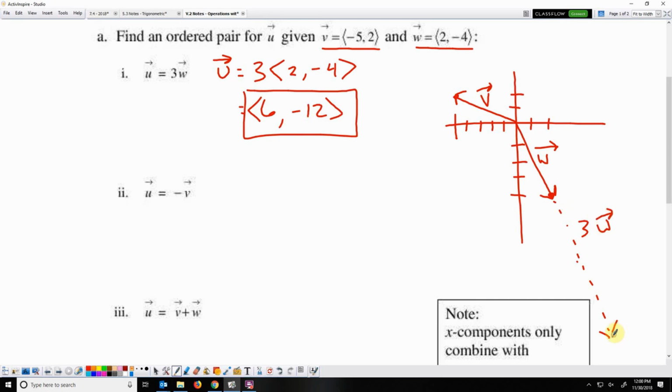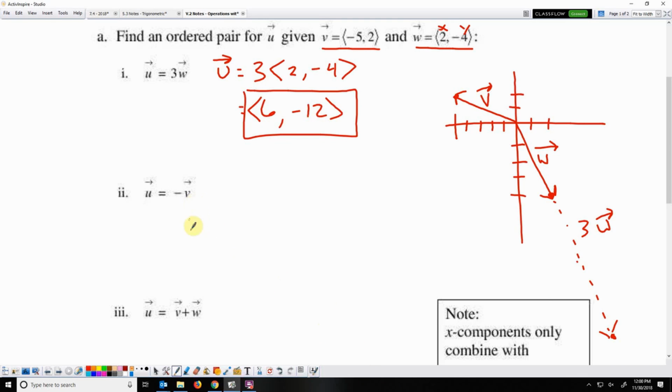This is it graphically. It ends at 6, -12, and this is component form. When you write a vector in component form, you've got an x component and a y component, your horizontal and vertical components. That tells you that from its tail, it goes right 6 and down 12.